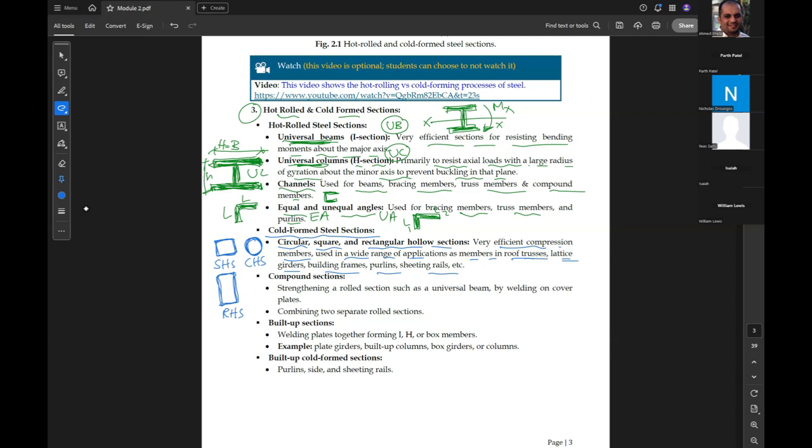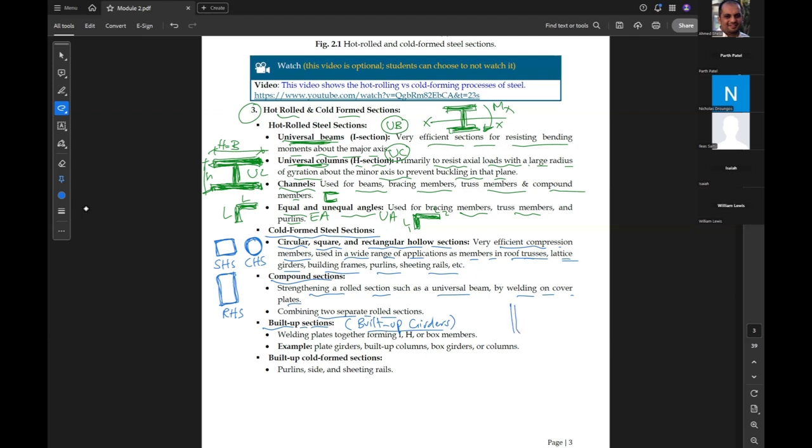We have also some compound section, which is treating a hot rolled section such as universal beam by welding on cover plates or other section, combining two separate rolled sections together. And we have also built up section. The built up section is similar to the one we ended the lecture last week with, built up girder or welded girder.